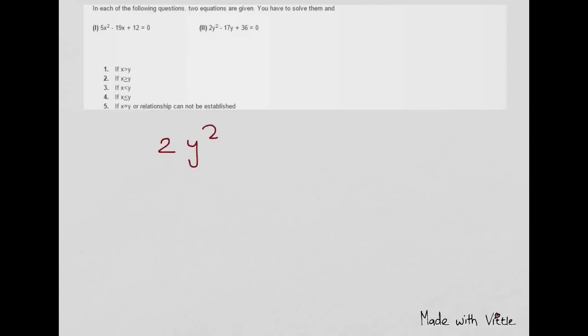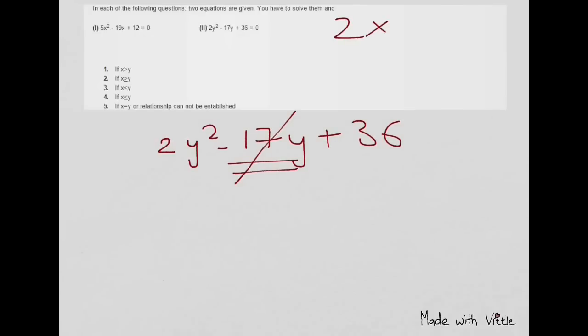2y square minus 17y plus 36. Forget this part right now, just remove it. Just think you have 2 into 36, and you need a plus sign because there is nothing there in the coefficient. So 36 is 6 into 6 into 2, just break it, don't multiply it in the beginning, because then when you need to think about the factors, you will face problems.